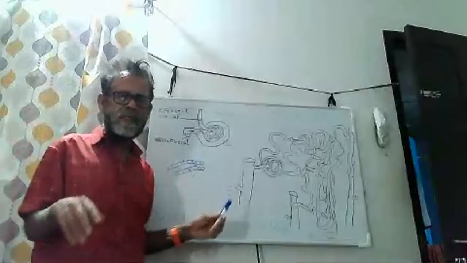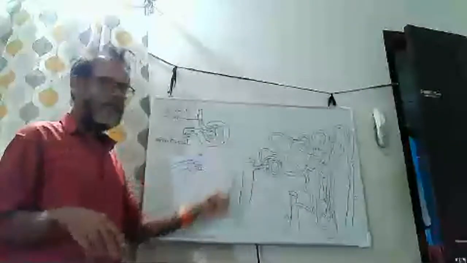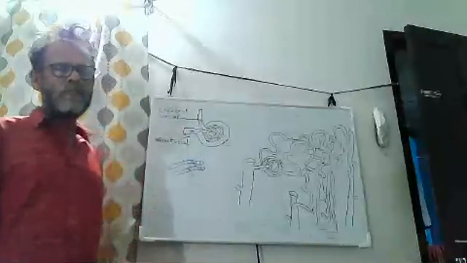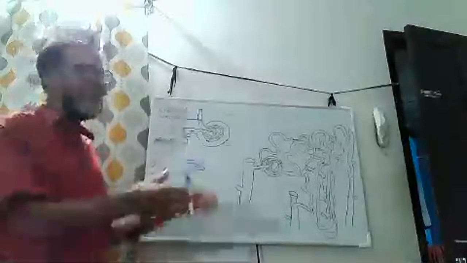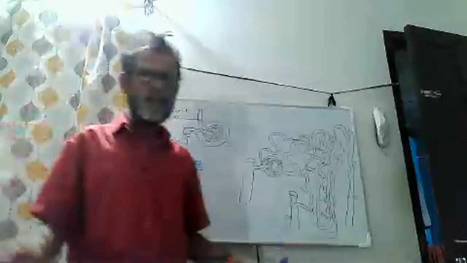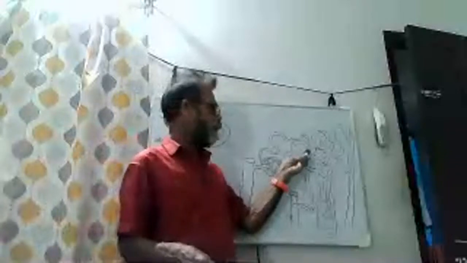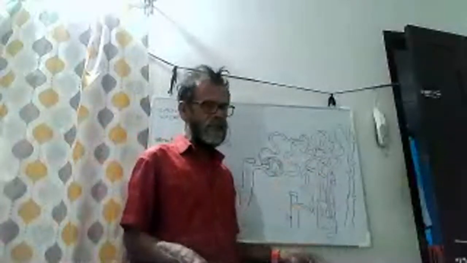The concentration of the filtrate will be more than that in the plasma of the blood. So more water will go, which should not take place. And this glucose is a thing required, and it will be reabsorbed when it passes through the capillaries.